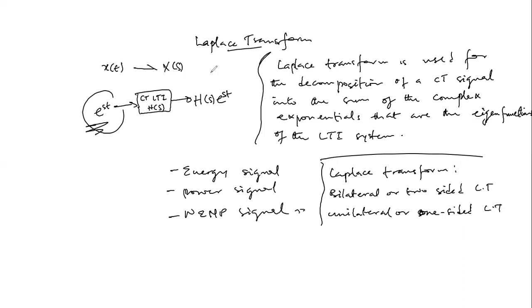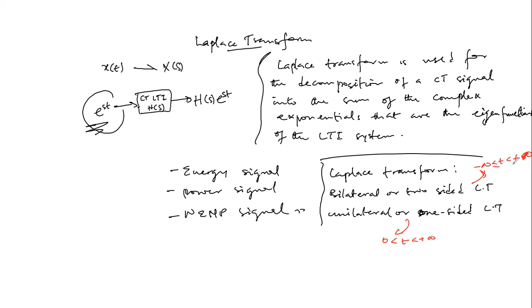While the bilateral Laplace transform takes its limit of integration from negative infinity to positive infinity, the unilateral Laplace transform takes its limit of integration from 0 to positive infinity.